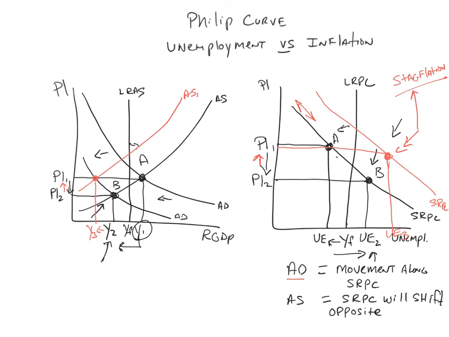If short run Phillips curve actually shifts, we will actually shift in the opposite direction to show what has happened. In this particular case, this would be called a supply shock. And supply shocks will cause stagflation. That's pretty well it.